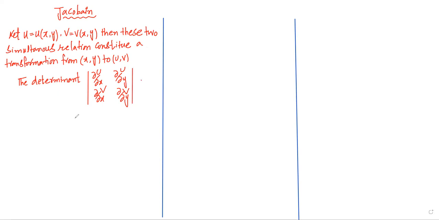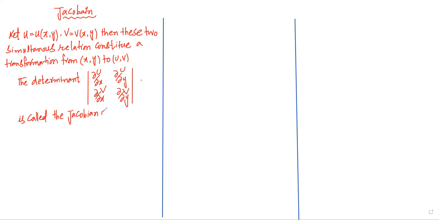This determinant is called the Jacobian. If I ask you, Jacobian in one word is the determinant of uv with respect to xy.